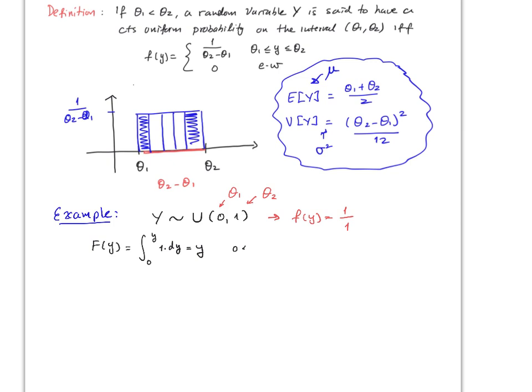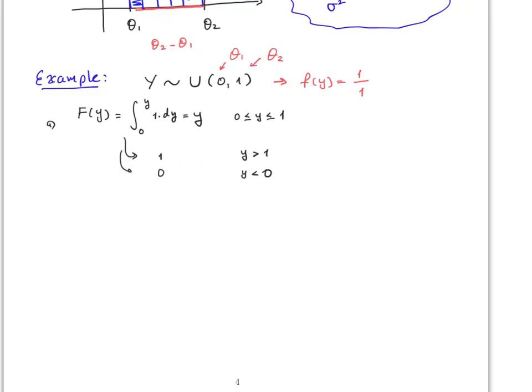And this is going to be the case if you are between 0 and 1. Otherwise, it will be 1 if y is more than 1, and 0 if y is less than 0, pretty much. Okay. So this is part A.